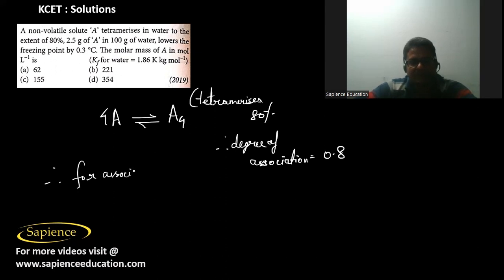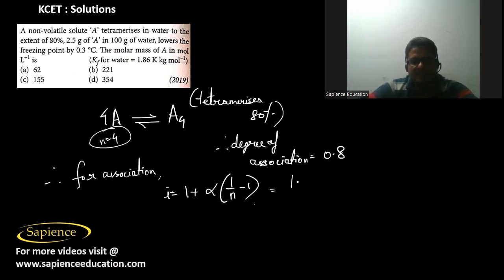For association of the solute, the Van 't Hoff factor i is given as 1 plus alpha into (1 by n minus 1). And here n is equal to 4, since it tetramerizes.